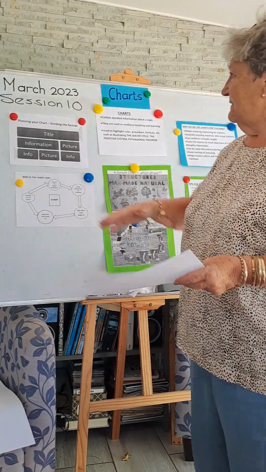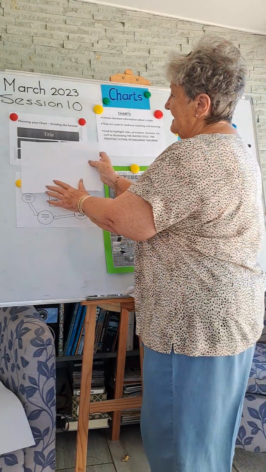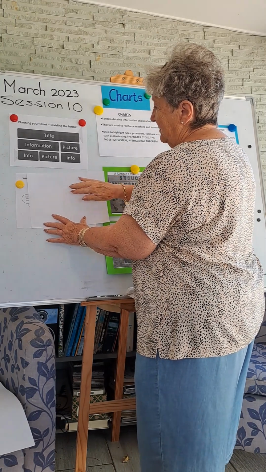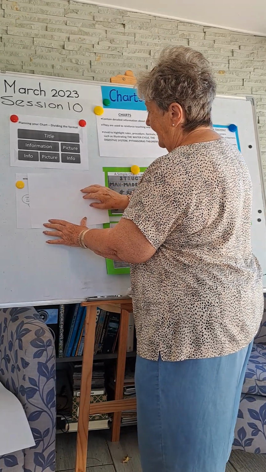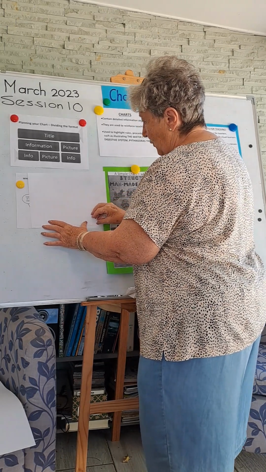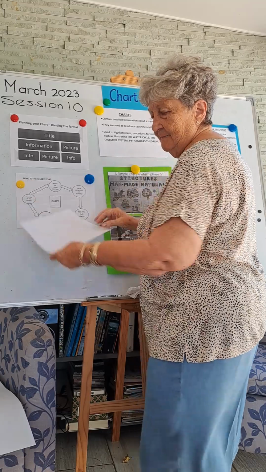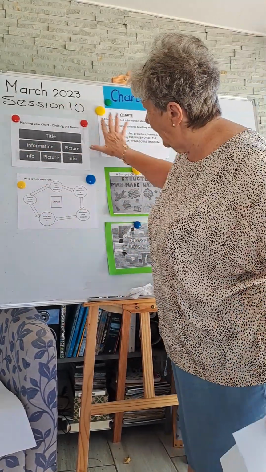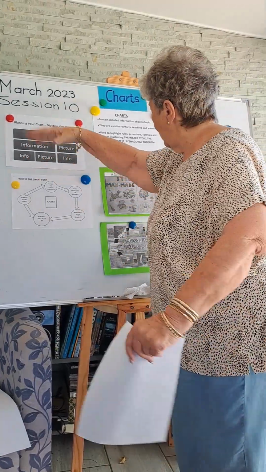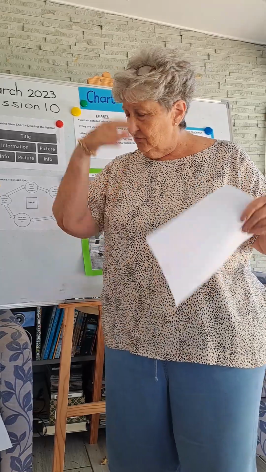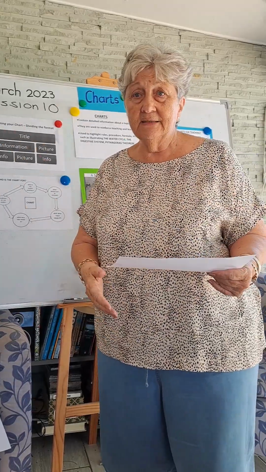So I'm planning the chart. I've got to decide, does my title go at the top? Do I put some information here and a picture, more information, another picture, and more information? It mustn't look like a sale where I've just got writing all over and pictures all over, and it just makes the children's heads spin.